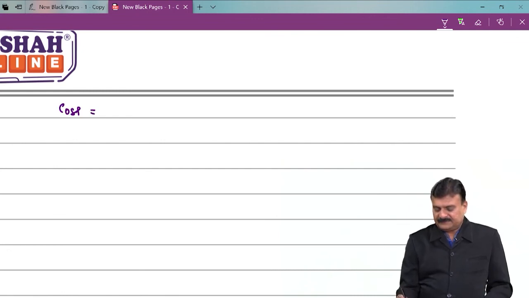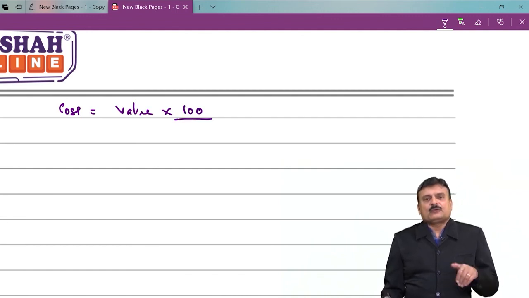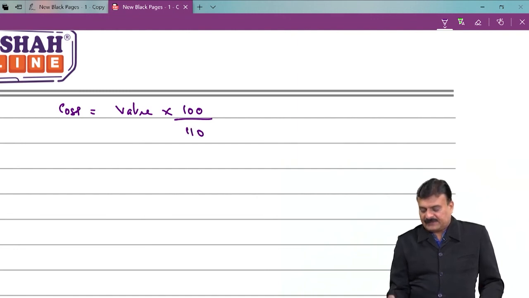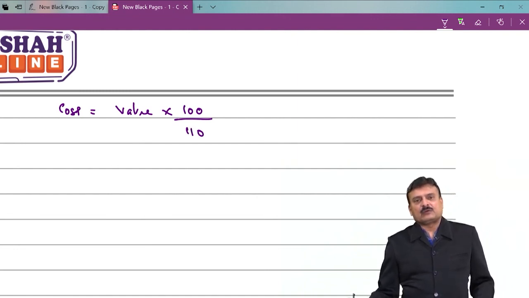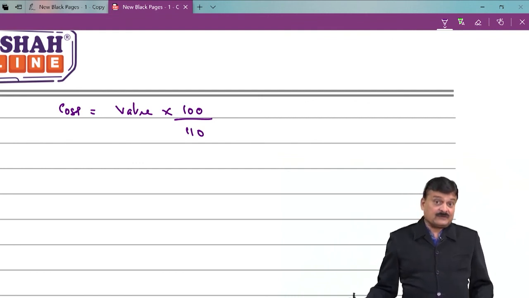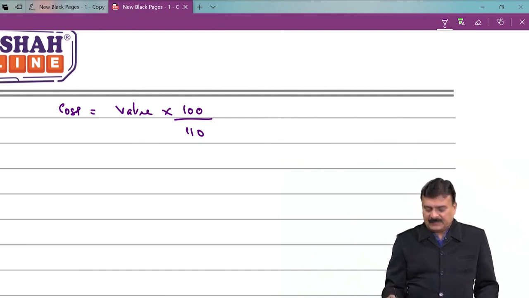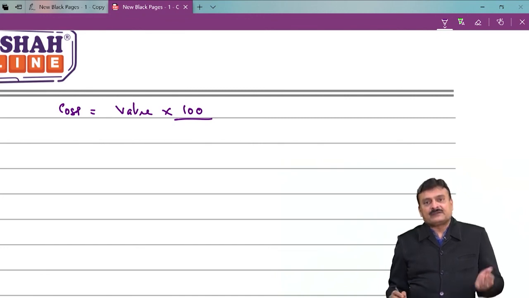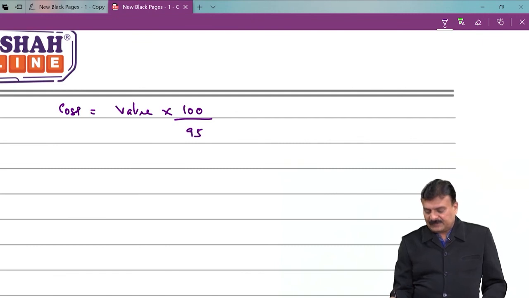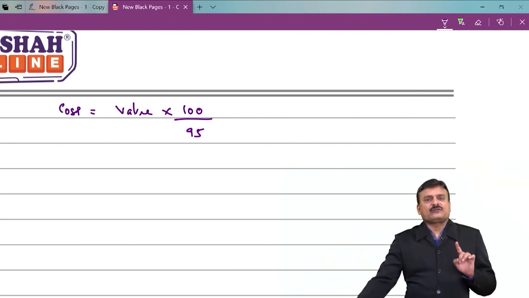The cost will be the value of the stock into 100, divided by 110. If this is overvalued by 20%, I will divide it by 120. But suppose question says it is undervalued by 5%, then what to do? Simple. In that case, my denominator, instead of 110, is 95. So stock has to be at cost.